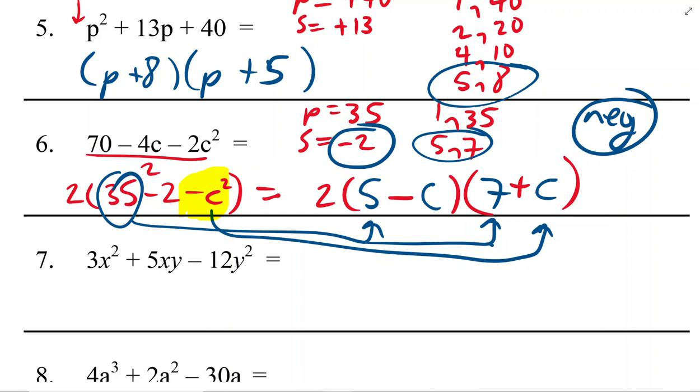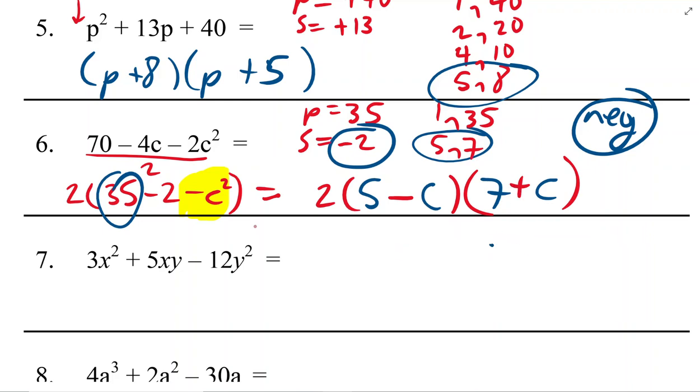Okay, question number 7. Is there GCF? No. So this is going to be decomposition. So you got to do your super product. All right. So your super product is 3 times negative 12 equals negative 36.